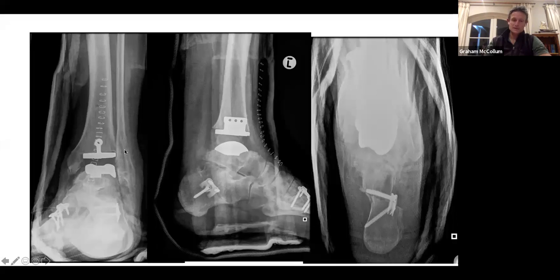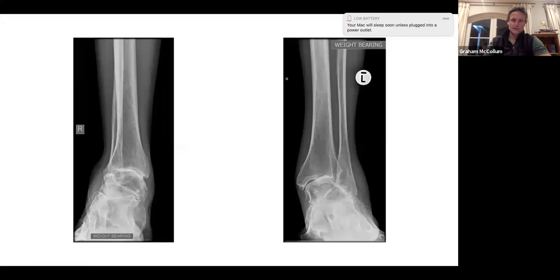And I can tell you now, he's much happier with the ankle replacement, and he's actually cycling multi-stage bike races now. So as you go along in your career, you start finding things that work better in your own hands, of course, without getting too biased.